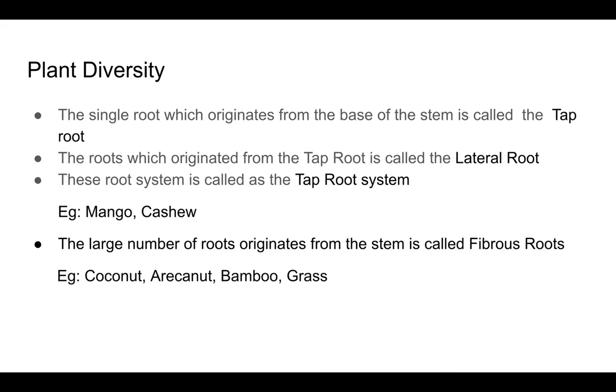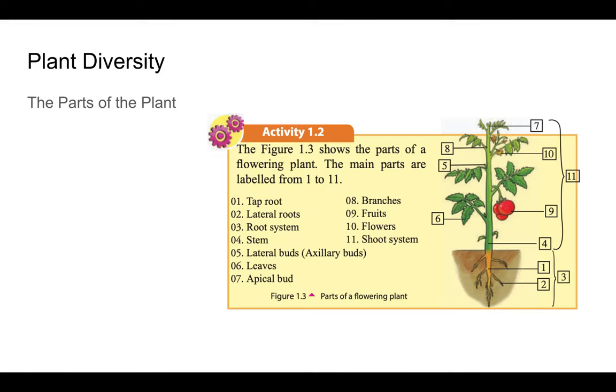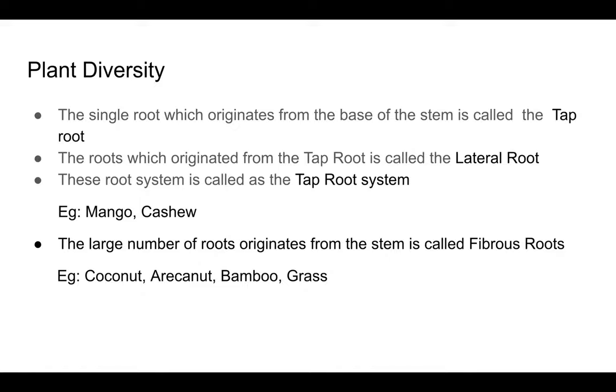The single root which originated from the base of the stem is called the taproot. The roots that originated from the taproot are called lateral roots. This root system is called the taproot system. Here, it is a taproot system. What are the examples? Mango, cashew, curry leaves.